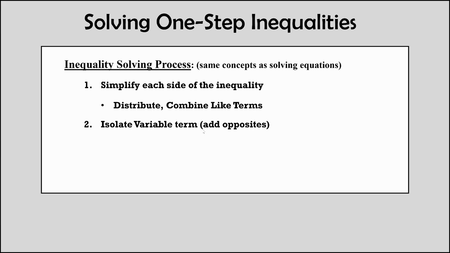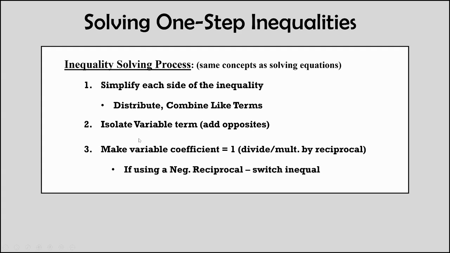Usually we like to have it on the left. In this step, generally we are adding or subtracting to eliminate a term. And then the last thing you'll have to do is make sure the variable coefficient, the number being multiplied by the variable, is 1. We do that by dividing, or we can multiply by the reciprocal if it's a fraction.